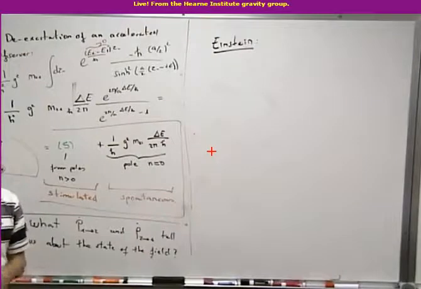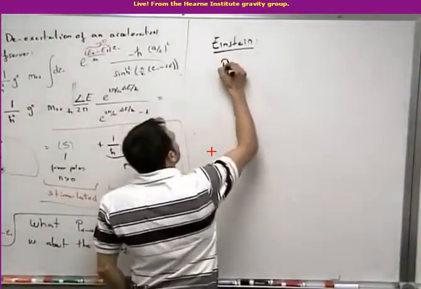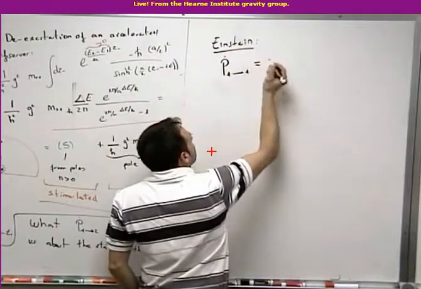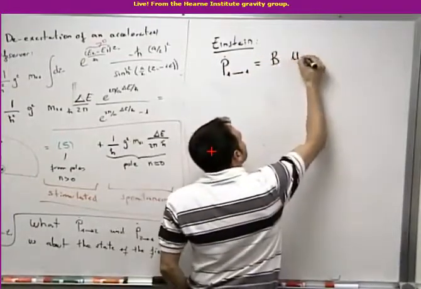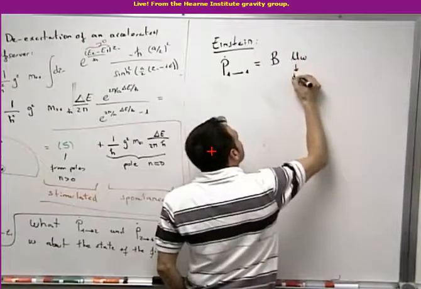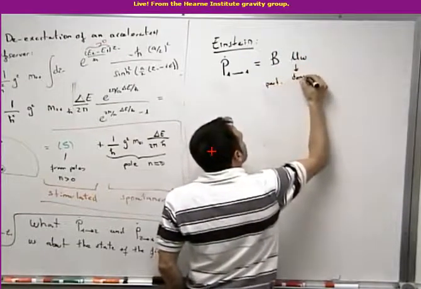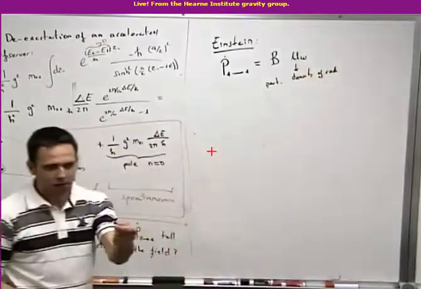a set of atoms in equilibrium with radiation, and he was saying that there is some probability of excitation, and that is proportional to some coefficient, one of the Einstein coefficients, times the particle density of radiation. He was thinking about photons and an atom in some place.